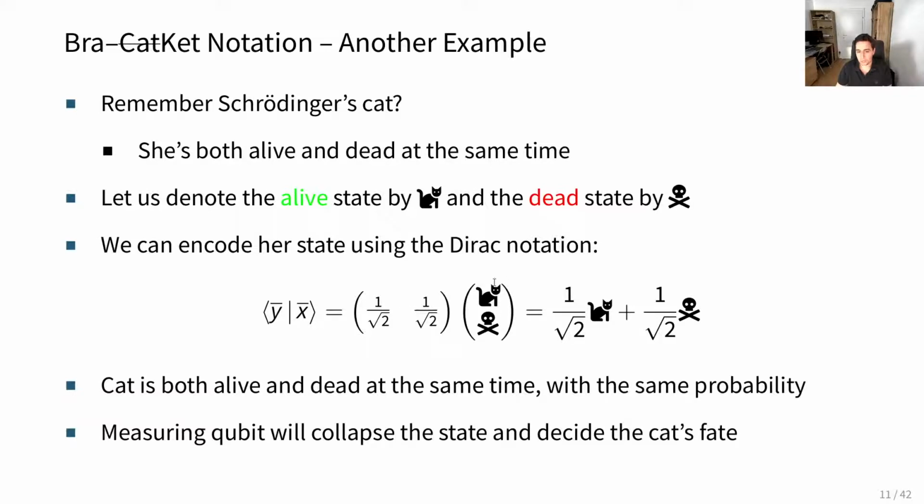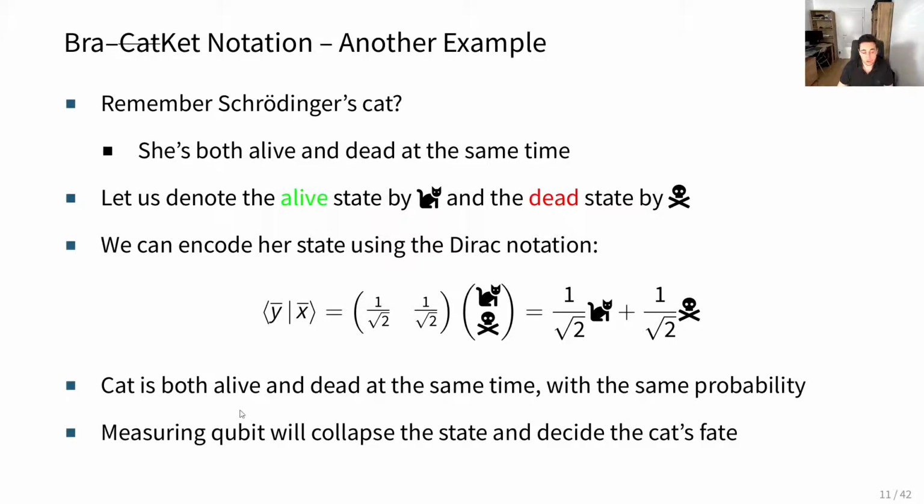So this is the weights vector, probabilities vector, and this is the state vector, right? So this is the bra, this is the cat, so to say. And if we actually do the multiplication, we see that this is the result. And what this means is that the cat is both alive and dead at the same time. And in that case, with these weights here, with the same probability. Yeah, so this is essentially Schrödinger's cat in Dirac notation using a qubit.